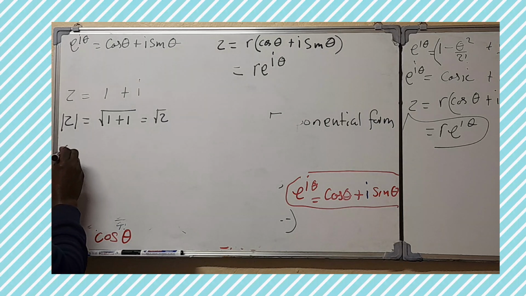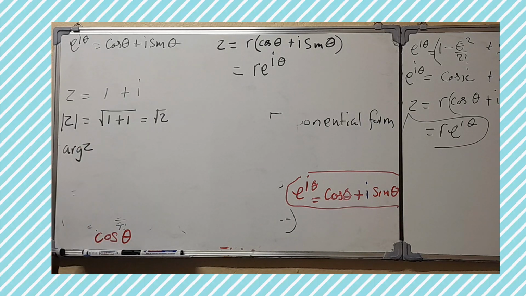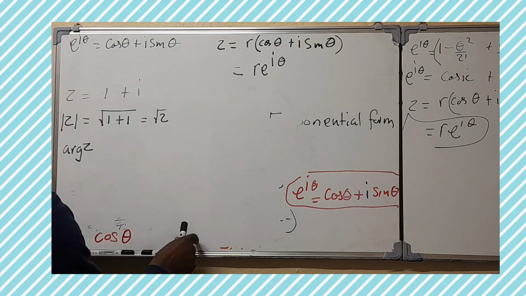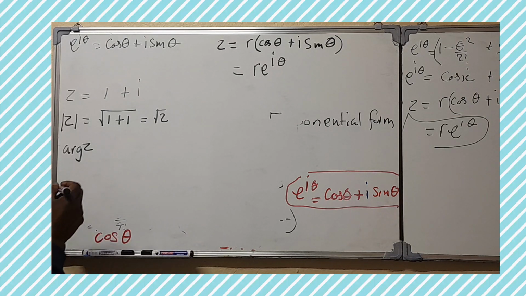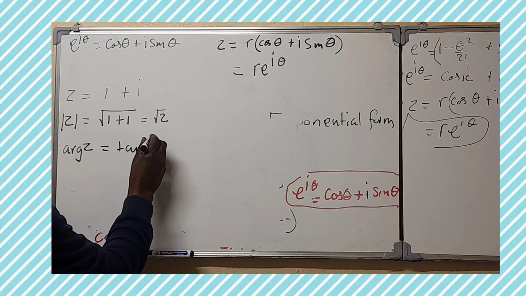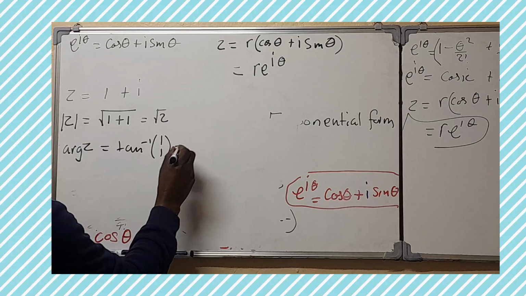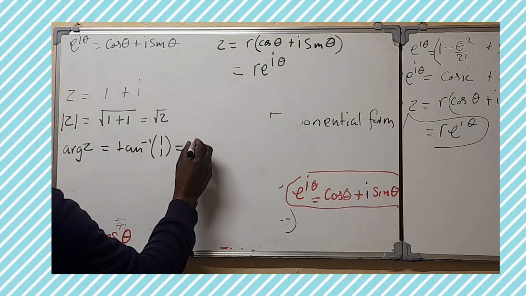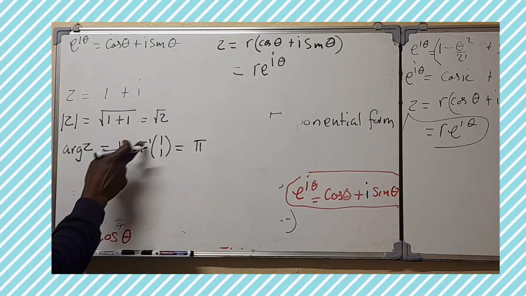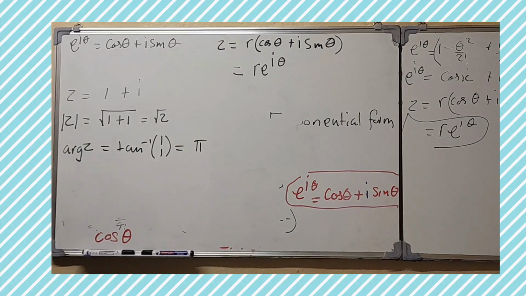We know that arg z, I think my pens are giving up here. Arg z is equal to arctan of 1 over 1, which is equal to what? Which is equal to pi over 4 radians, 45 degrees. The angle whose tangent is 1 is 45 degrees.